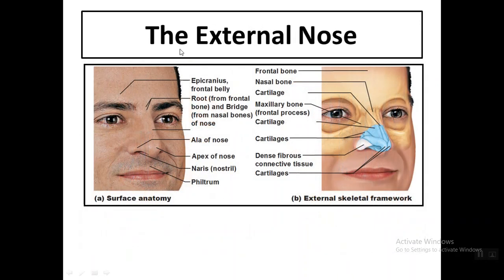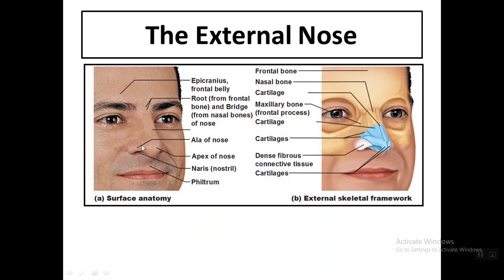First, the external nose. As we said, it is pyramidal in shape. It has a framework formed by cartilage and bone. It has a free end called the apex of the nose, and a root, called the root of the nose, that is formed by the frontal bone and the nasal bone.